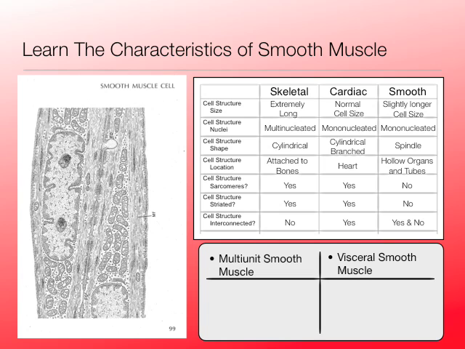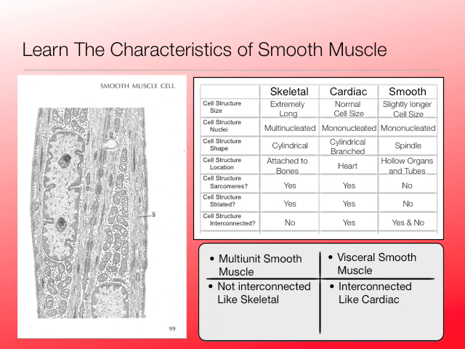One of these is and one of these isn't. The multi-unit is not interconnected, so it functions like skeletal muscle. You can do this with precise control. The visceral smooth muscle is interconnected, so this one is more like cardiac muscle.